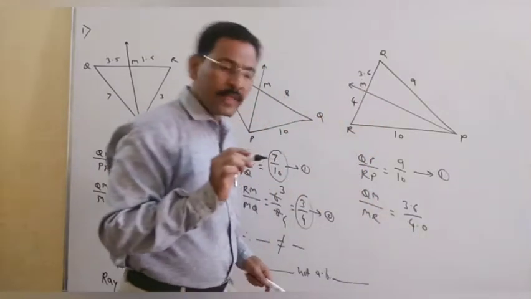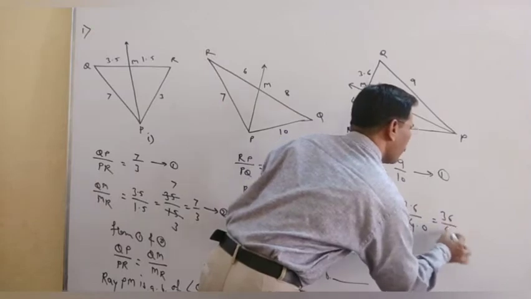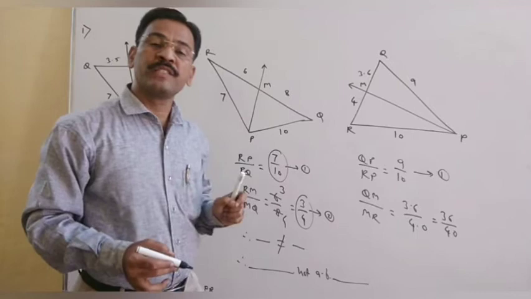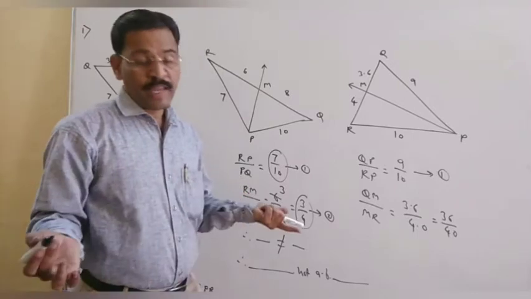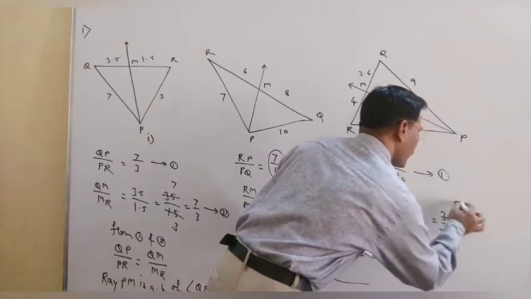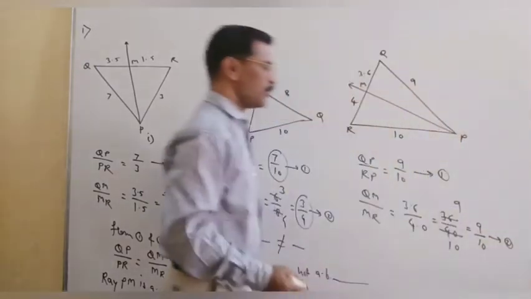Is it okay? Now just remove the decimal point, that is 36 by 40. Now tell me by which number both these terms are divisible. Obviously by 4. See here, 4 tens are 40, 4 nines are 36, means 9 upon 10, which is equation number 2.